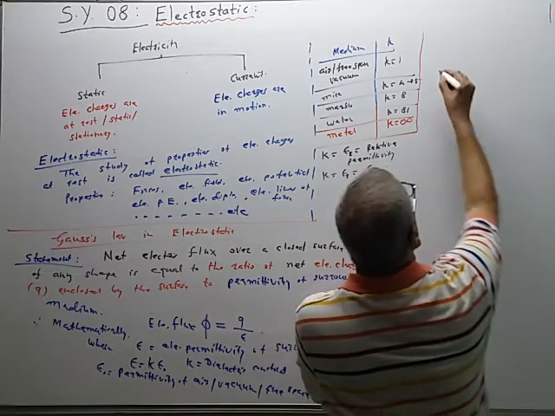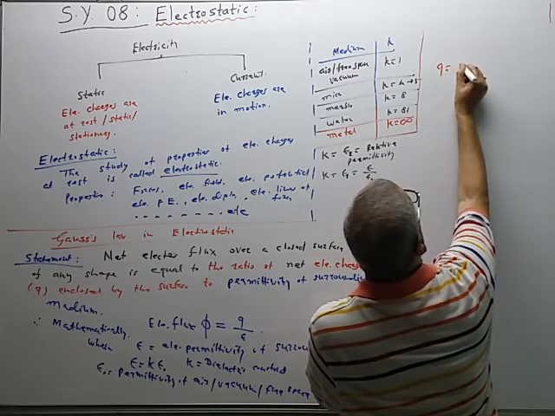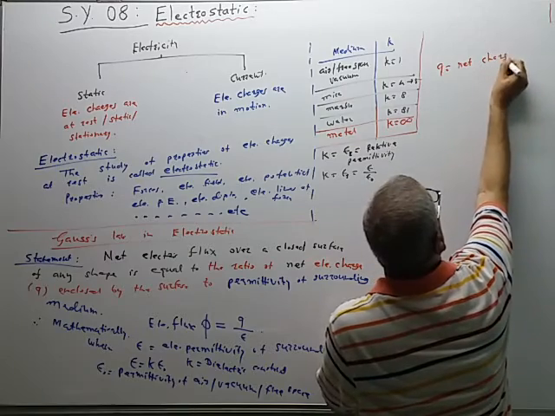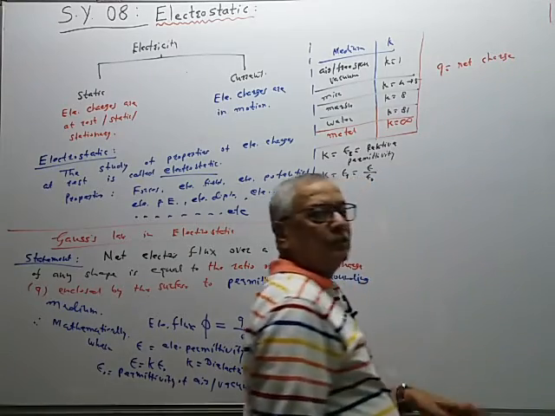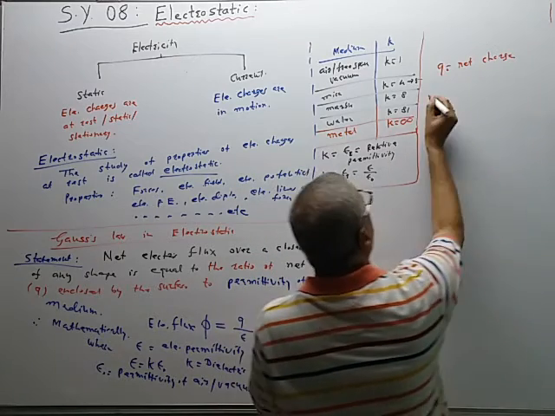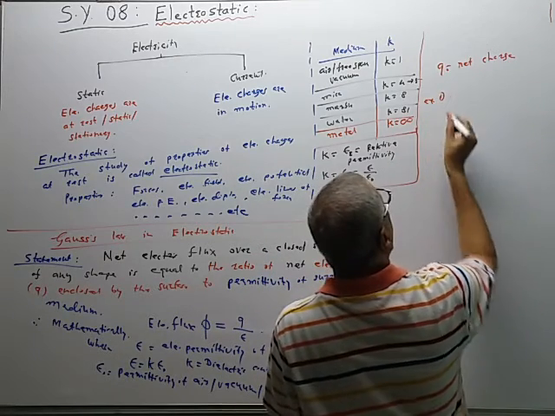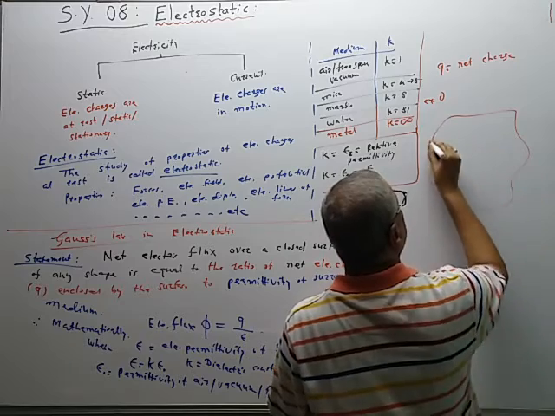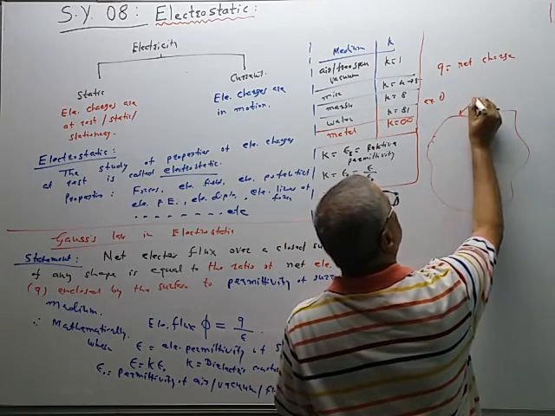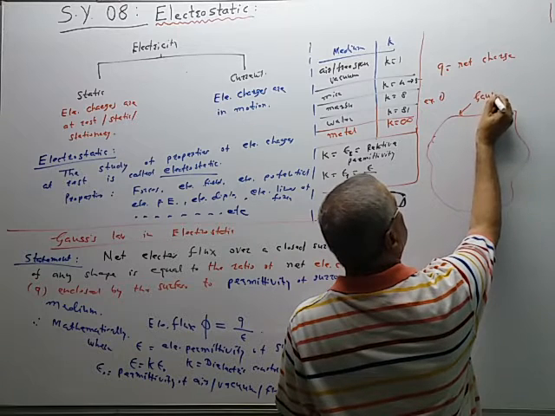So how is this net charge calculated? We will consider some examples. Example 1. Suppose this is a closed surface of any shape. This surface is called a Gaussian surface.